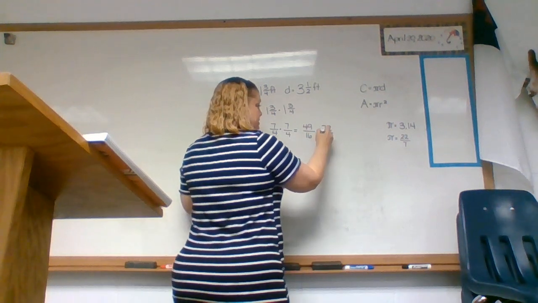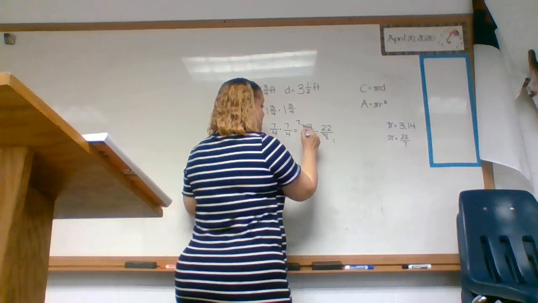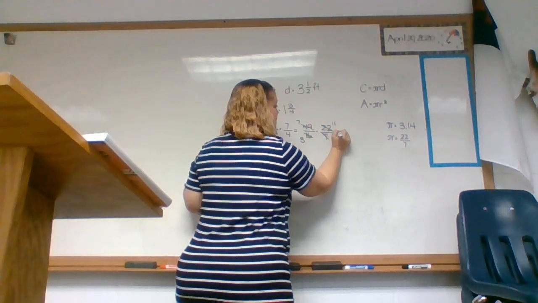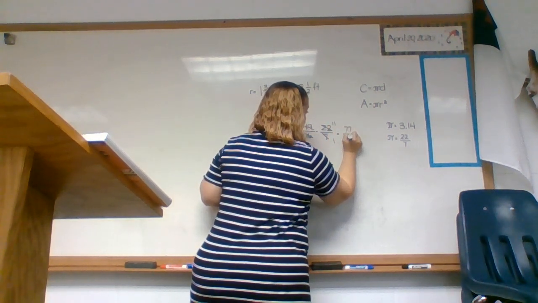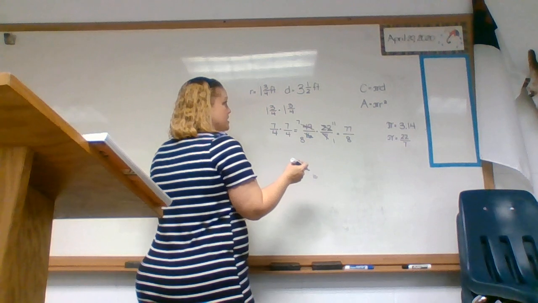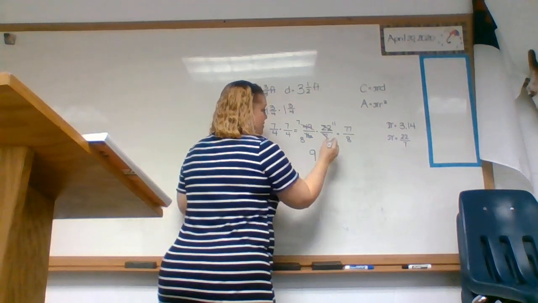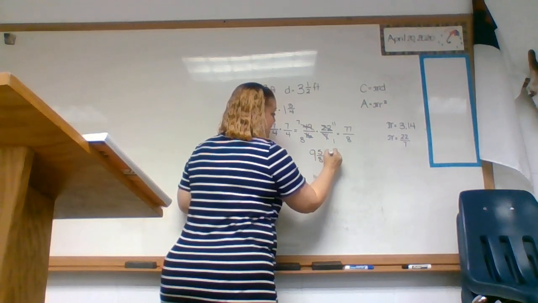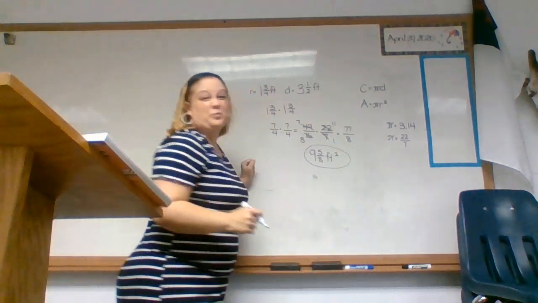Again, I can cross cancel with this problem. Thank goodness. I can divide these both by 2. So 7 times 11 over 8. If you remember, 8 times 9 is 72. That would leave us 5 left over. 9 5/8 square feet, because area is always measured in square units, and even our formula gives us a little clue.